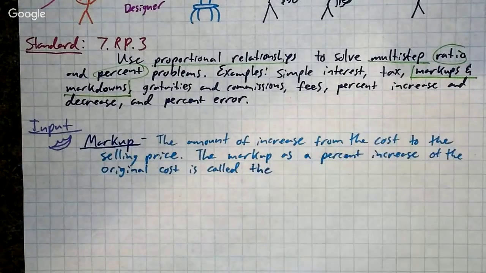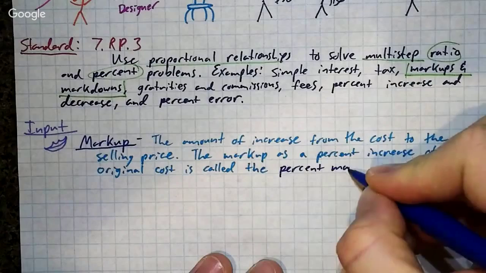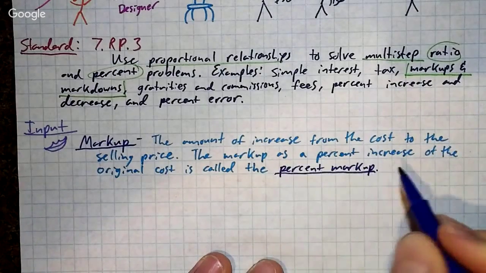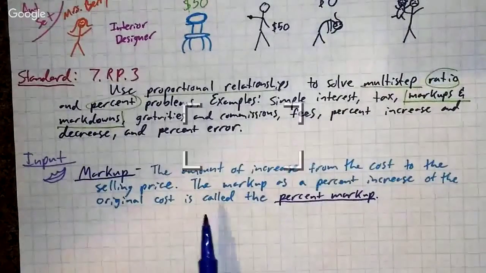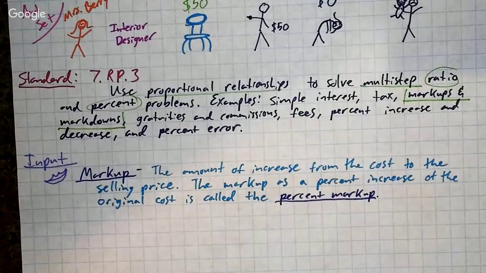I'm going to underline this too, because this is almost its own term. It's great to know how much you're marking up something, but you also want to know the percent you're marking something up. So maybe the markup is 15%. So your selling price is going to be 15% higher than your purchase price, your original price.